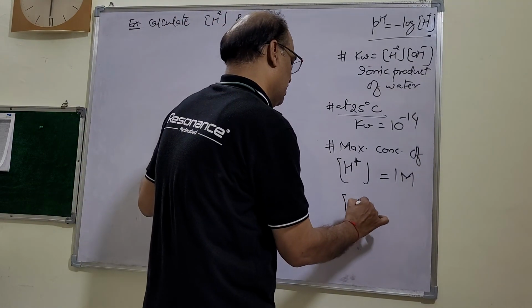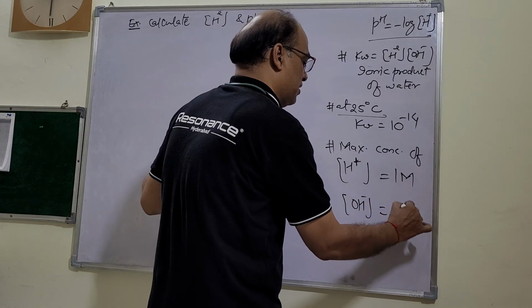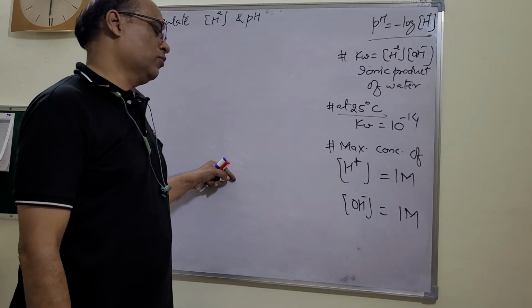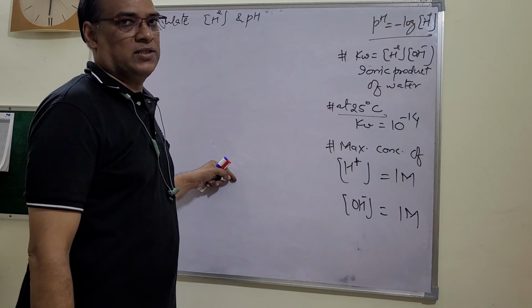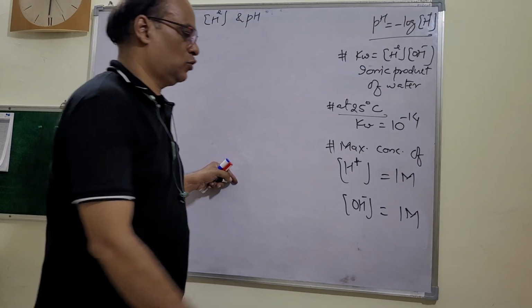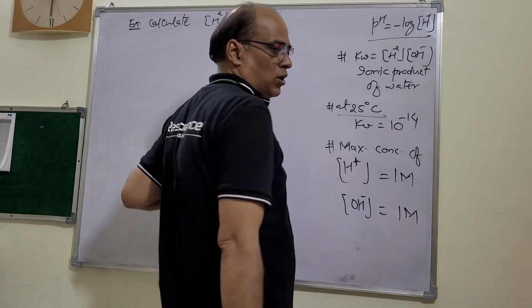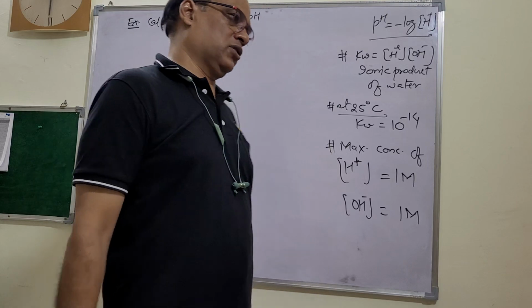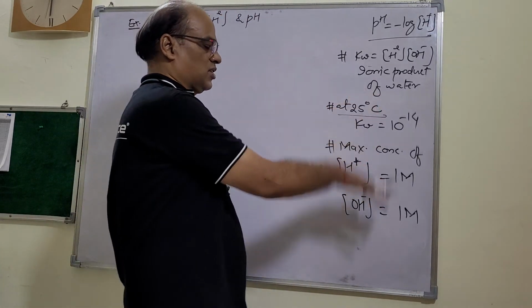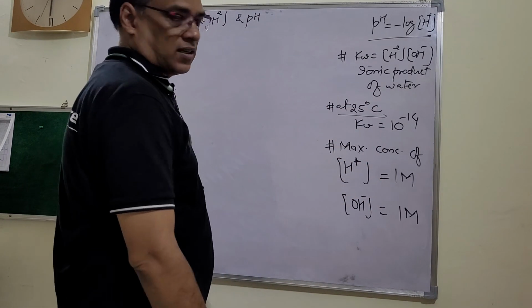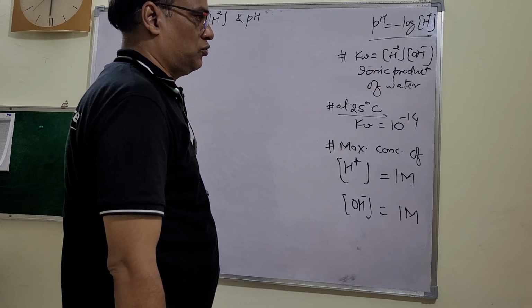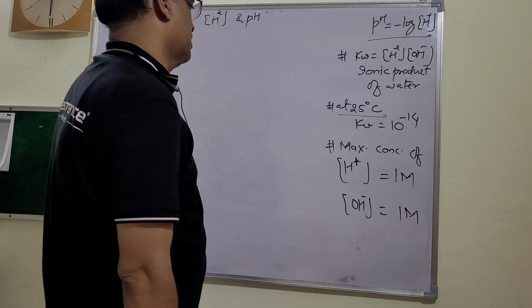Similarly, OH ion in any solution cannot be greater than 1 molar. 2 molar, 1.5 molar, 3 molar, these things are nonsense. Imagination, hypothesis. In real practice, such a thing cannot happen. And chemistry is all about practical approach, not some imaginary thing.